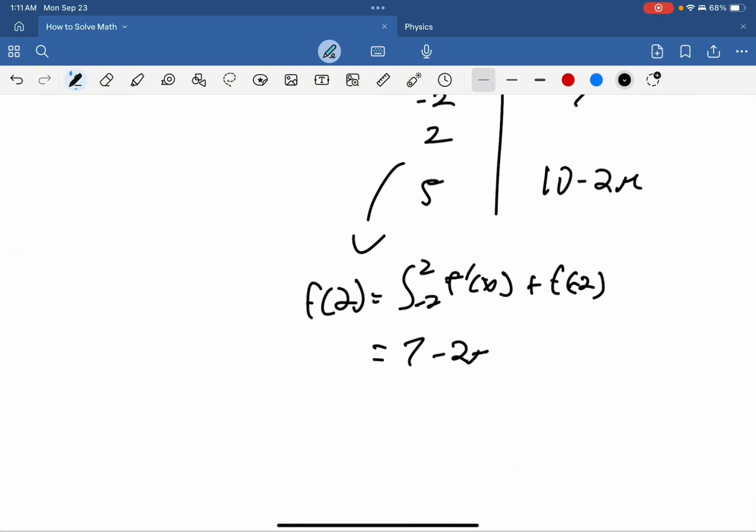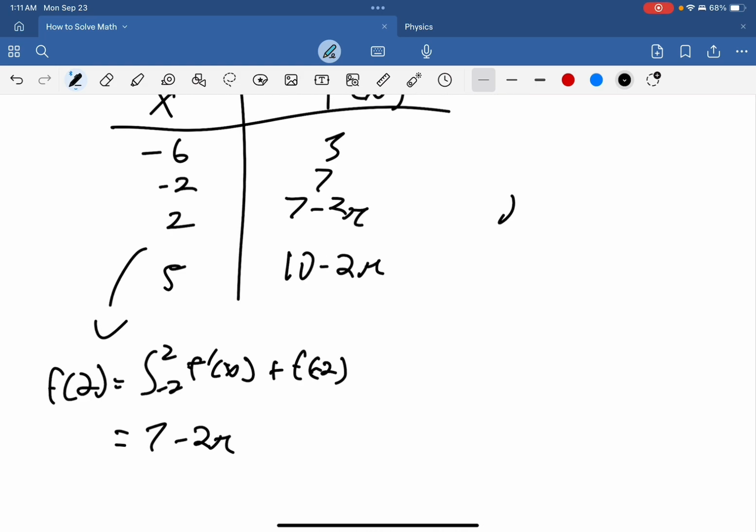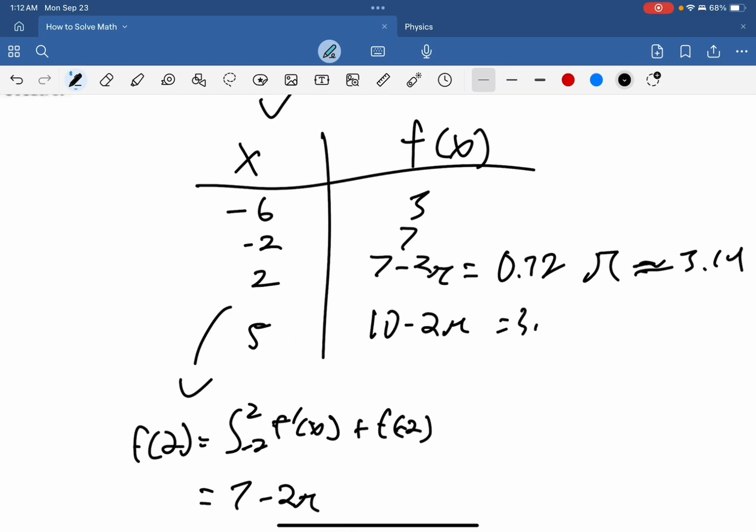7 minus 2 pi. And now we put this into here, and you should know that pi is around 3.14. You can do that in your head, and this should turn out to be your lowest value of around 0.72. And this is gonna be like 3 point something.